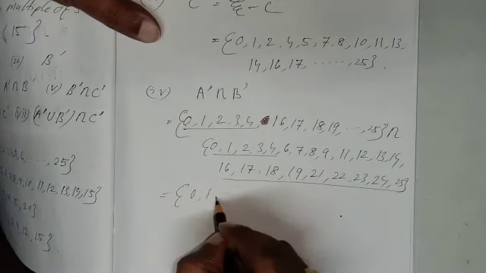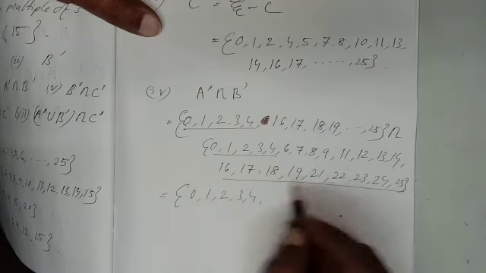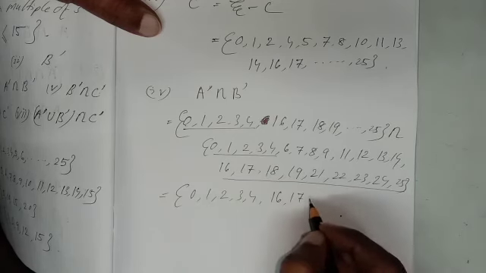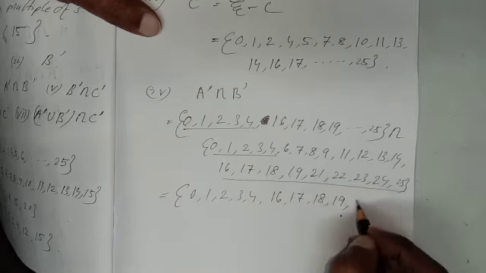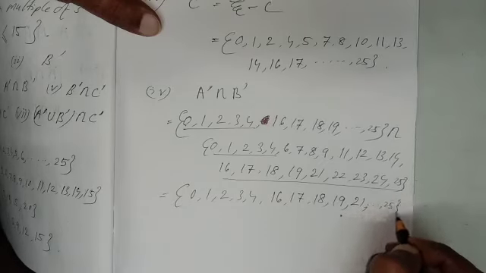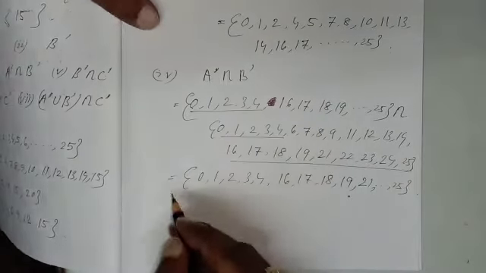That means 0, 1, 2, 3, 4 common and 16 to 25: 16, 17, 18, 19, except 20, that is 21 up to 25. This is called A complement intersection B complement.